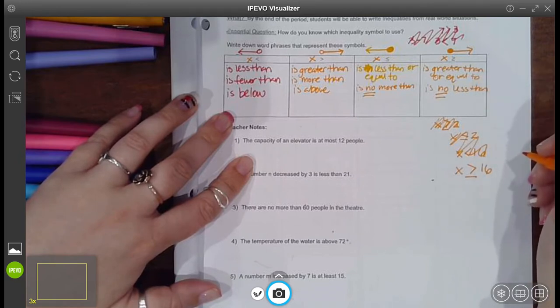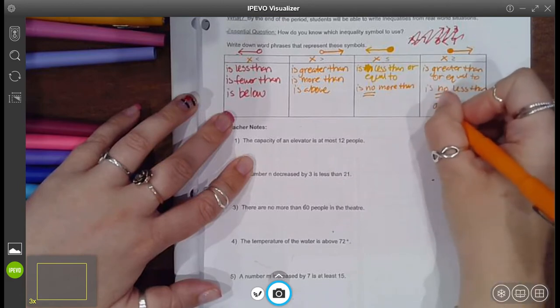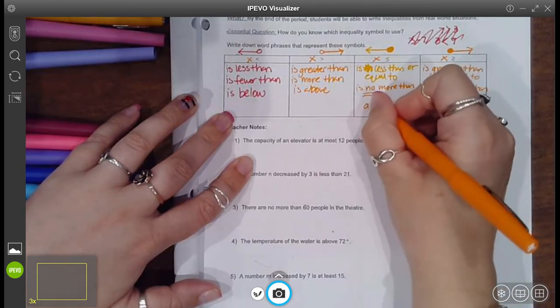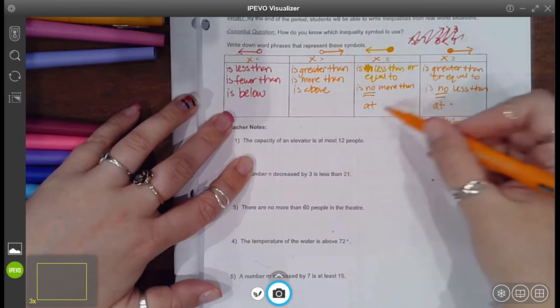The other one that's a little bit tricky, in my opinion, is if you see the word at. So if I said at most, where do you think that would go? Well, most, you would think less than, but because I just alerted you to the fact that it's the opposite of what you think, where do you think? Would it go in the less than column or the more than column?